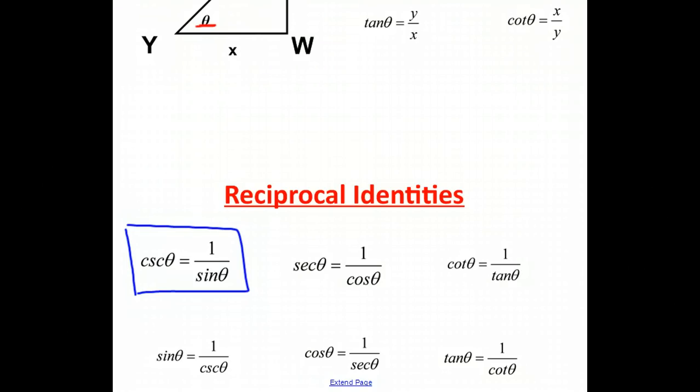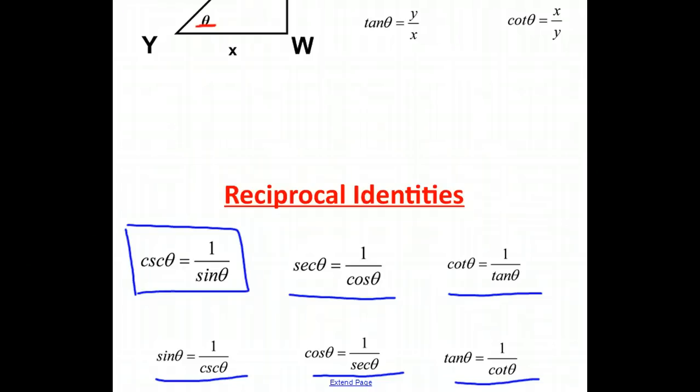Similarly, we can define the secant of theta in terms of the flip of the cosine of theta, the cotangent of theta as the reciprocal of the tangent of theta. The sine of theta can be expressed as the reciprocal of cosecant, the cosine of theta as the reciprocal or the flip of secant, and tangent as the reciprocal or the flip of cotangent. And these are the 6 reciprocal identities.